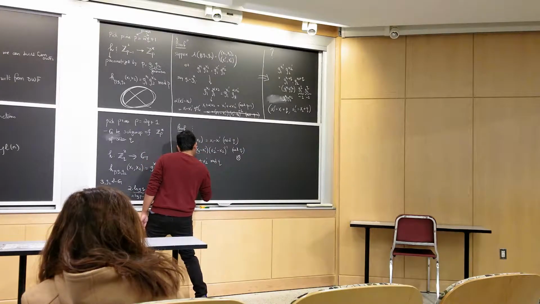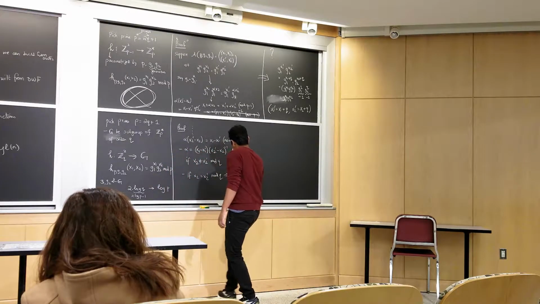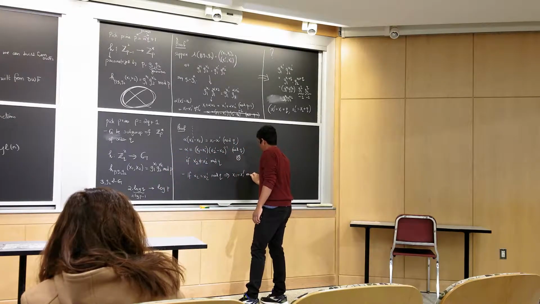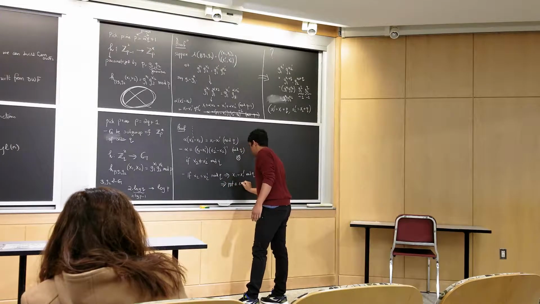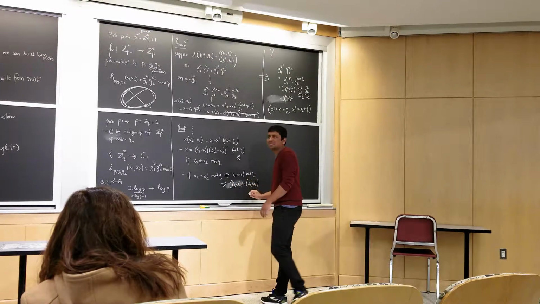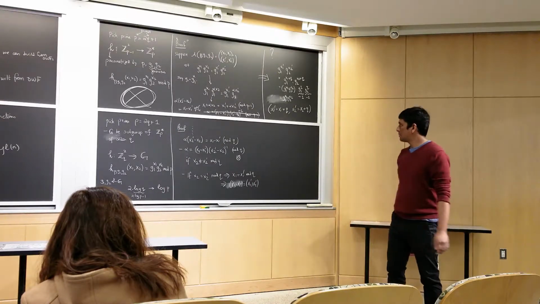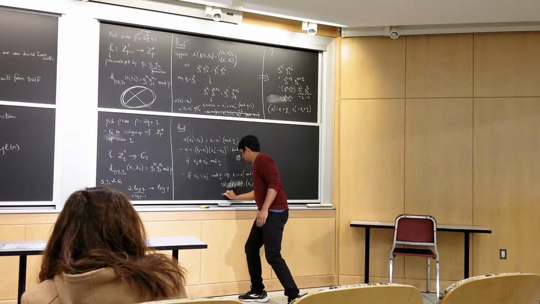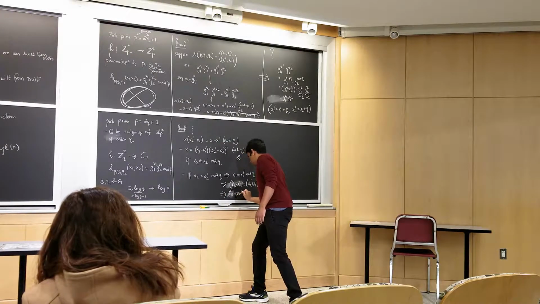If x2 equals x2 prime mod q, then x1 equals x1 prime mod q, which implies that this is not a collision. It implies that x1, x2 equals x1 prime, x2 prime. So this is a trivial collision.